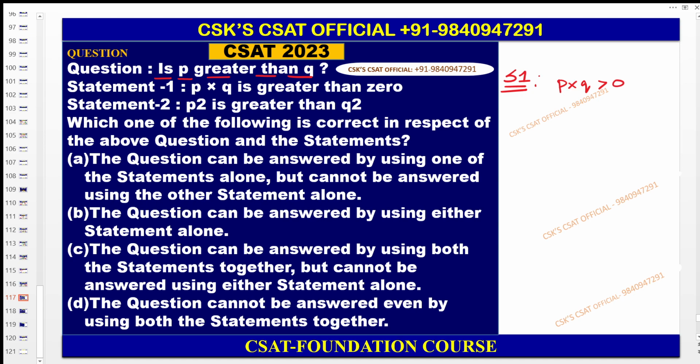Is P greater than Q? What will you say? Is P greater than Q?